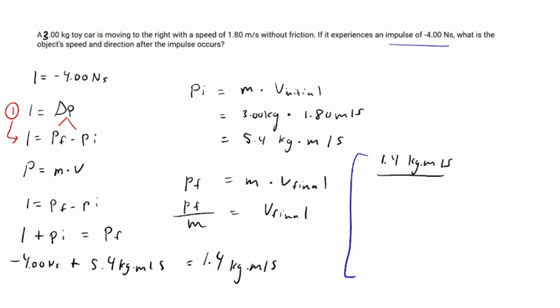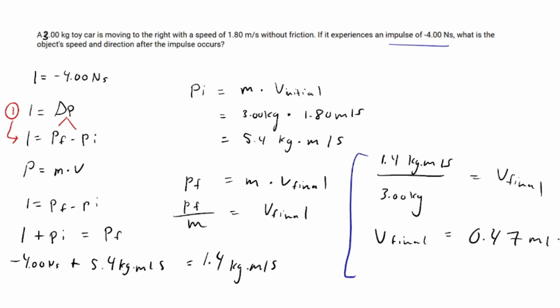And just to reiterate, our mass is going to be staying at 3.00 kilograms. It is constant. And when we do 1.4 divided by 3.00, we should get a final velocity value of 0.47 meters per second.